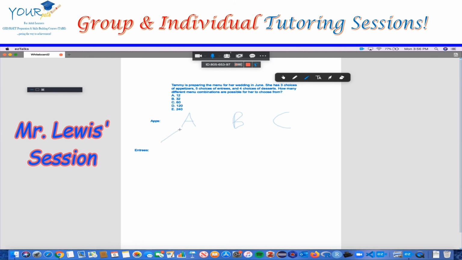And so as we can see here, if we chose appetizer A, then we would have 5 choices of entrees. Since there are 3 different appetizers, we would multiply that by the number of entrees to get our choices of appetizers plus entrees, as we can see in this diagram.